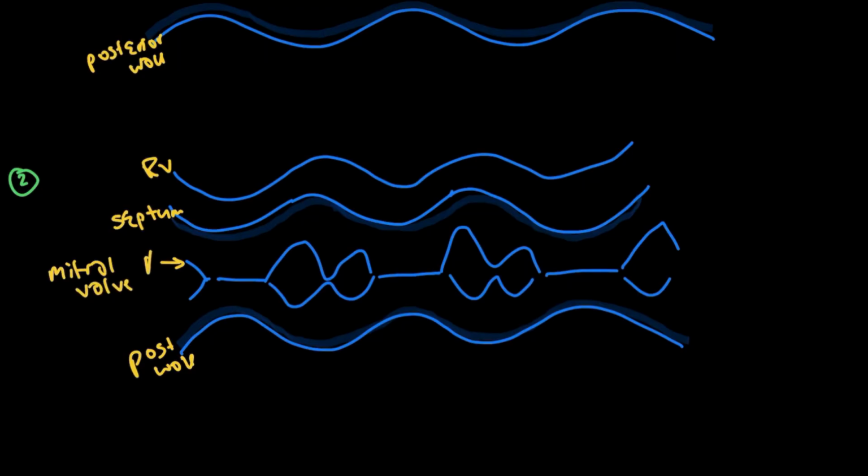We'll call this the anterior leaflet, and this is the posterior leaflet. And you see that they're staying closed in systole. They're closed in systole, open in diastole, closed in systole, open in diastole, closed, and open. This would be your normal M mode of the mitral valve.